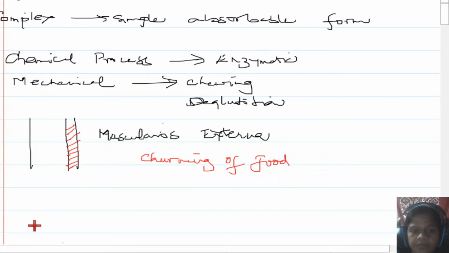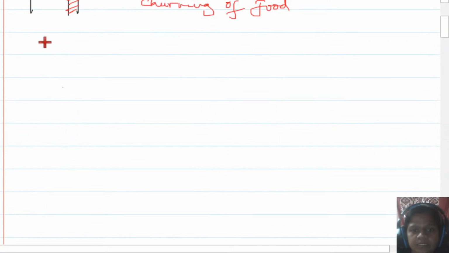We have also completed the digestion in the buccal cavity, right? Remember, in the buccal cavity, what happens? Only carbohydrate digestion takes place, and that too not complete.